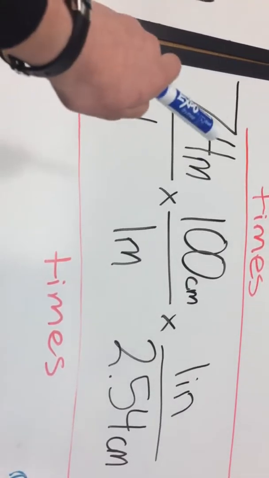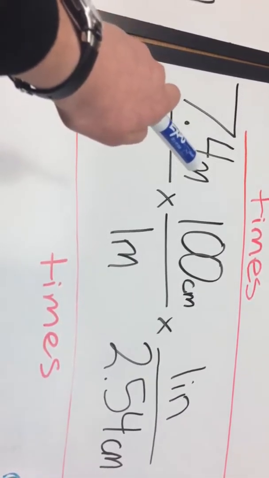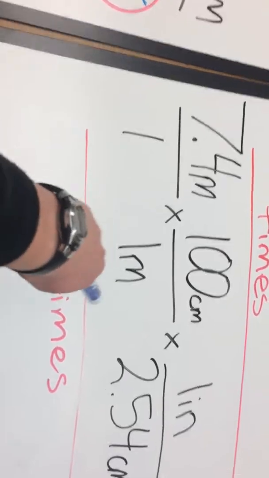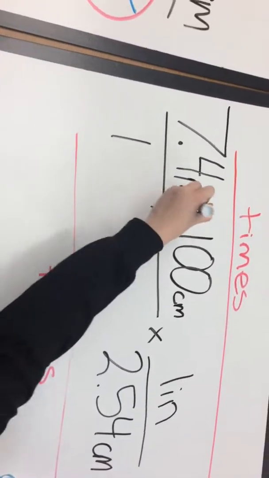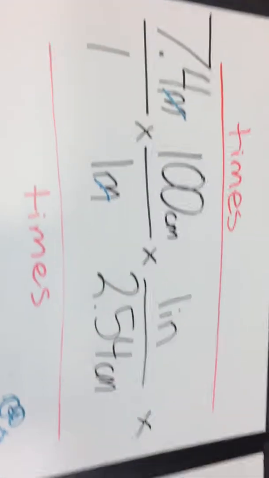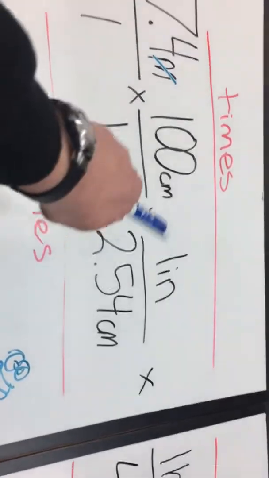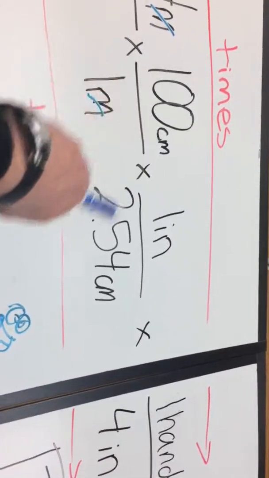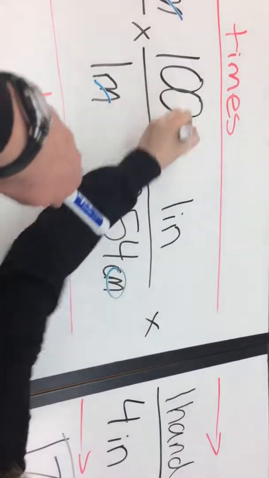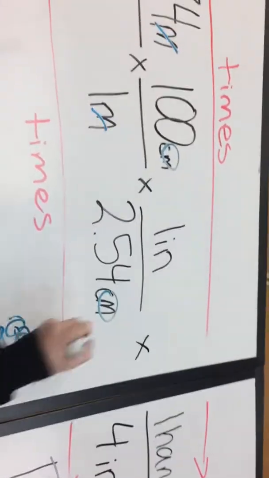Those meters cross each other out, and then you go over to the next step, and see, now on the top left and the bottom right, you have your centimeters that cross each other out.